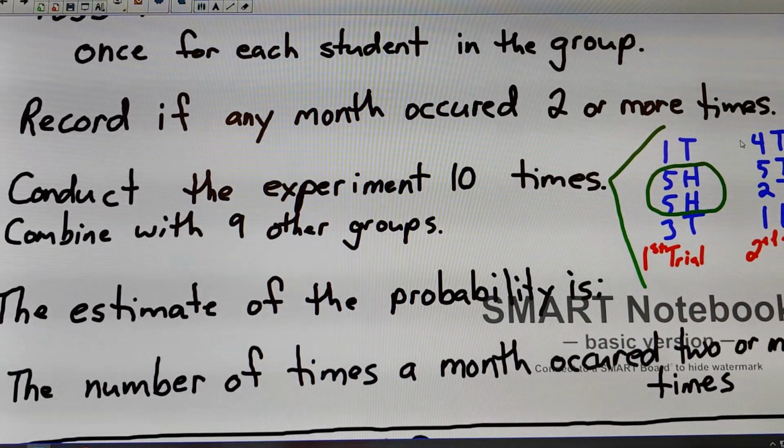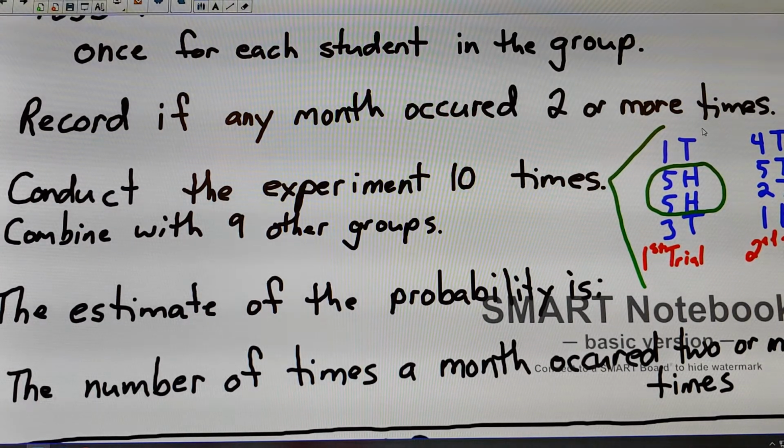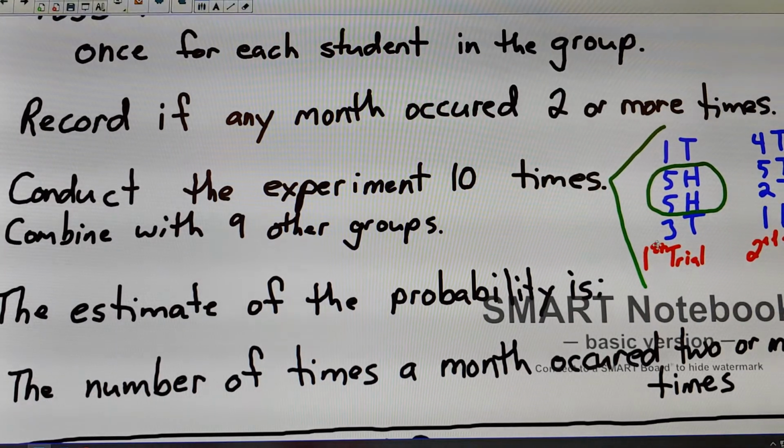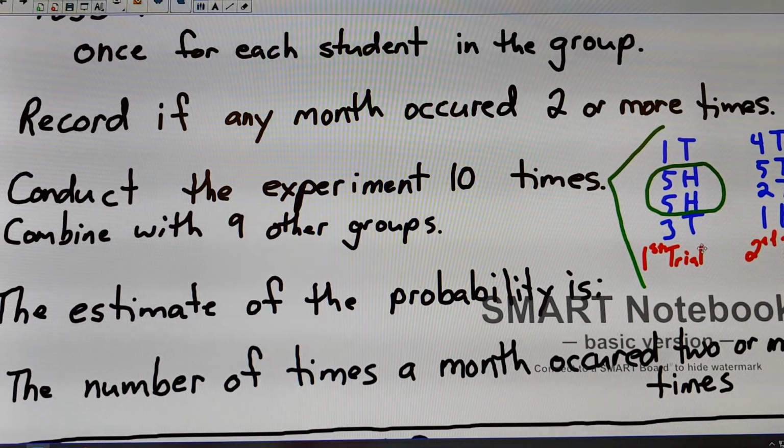So let's say you roll the dice, toss the coin, you got ones and tails. And here's each trial is going to be 4 tosses because there are 4 students. Okay?